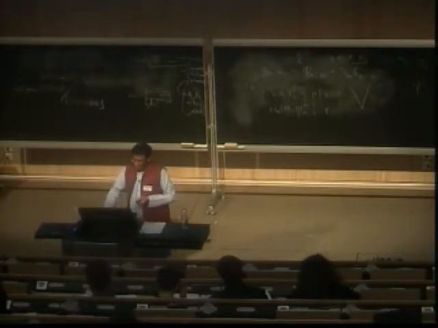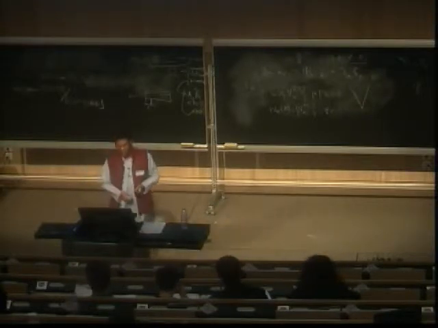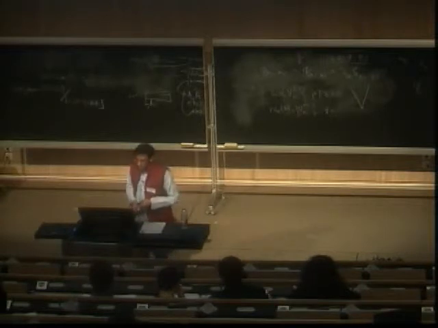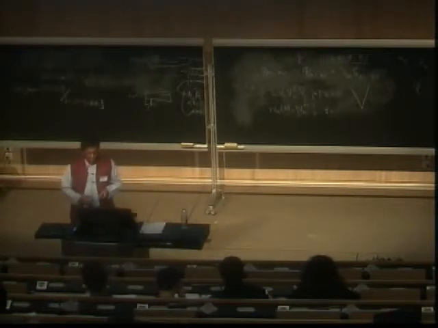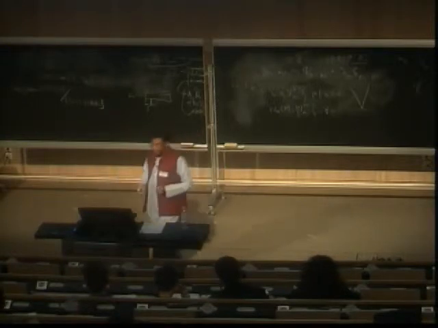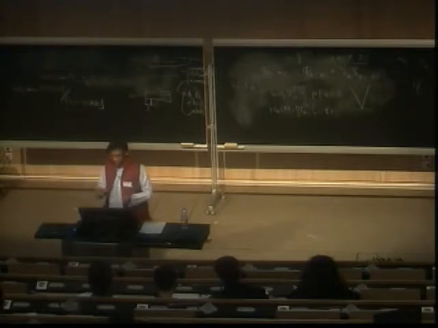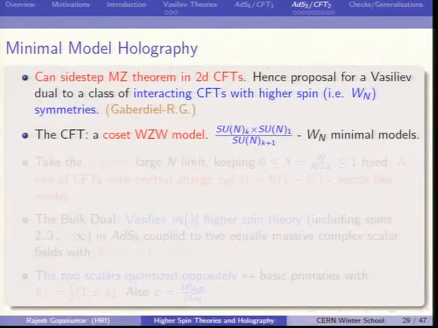So what I'll be describing is the work done with Matthias Gaberdiel, and maybe some of you have heard his colloquium yesterday also. But in any case, let me first quickly state for you what the duality is, and then explain in a little more detail what the different ingredients are.